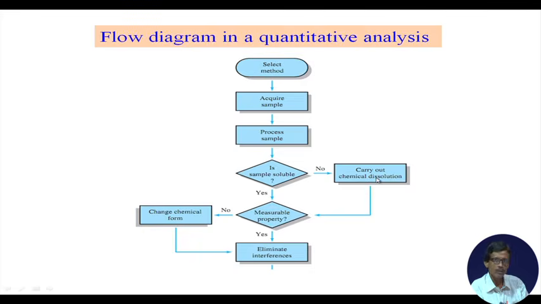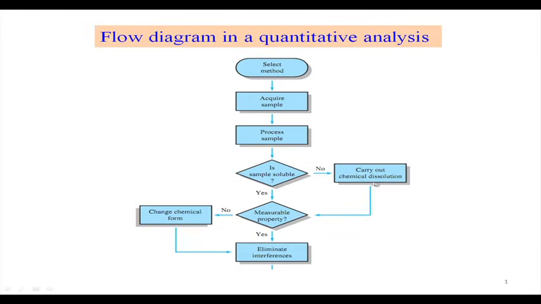But if it is not, that means what you have tried is not able to solubilize this steel sample. So, you have to carry out some other process or technique which can go for chemical dissolution. There are a large number of processes available for that chemical dissolution.